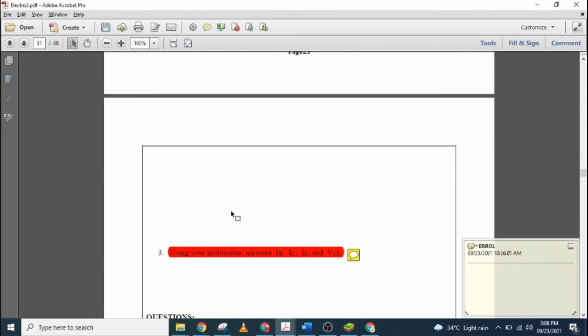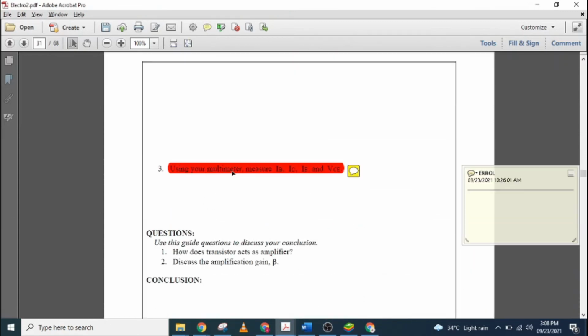The next is, dito sa baba, using your multimeter, measure IB, IC, IE, and VCE. So, this one, since hindi tayo mag-a-actual, we will be simulating. Hindi na ito yung gagawin natin.